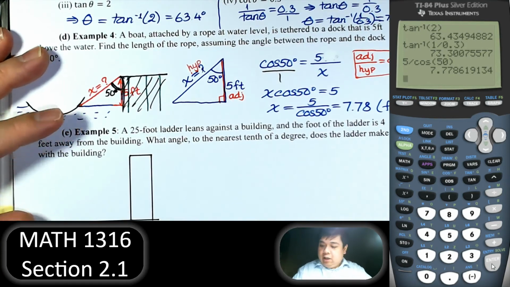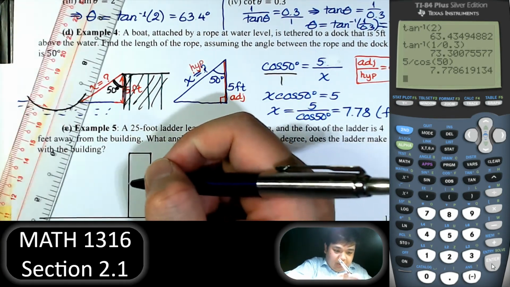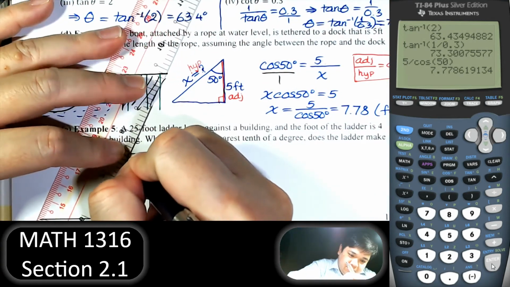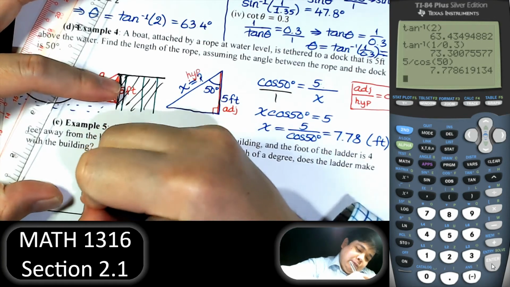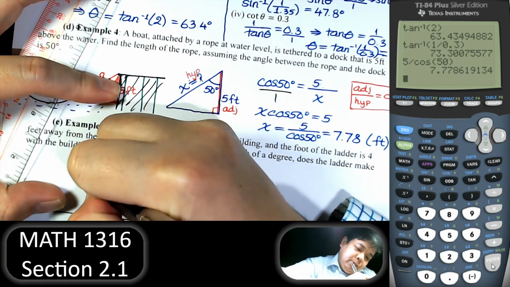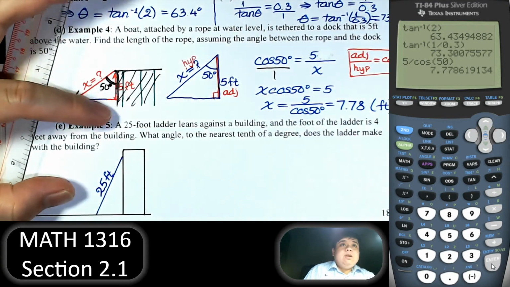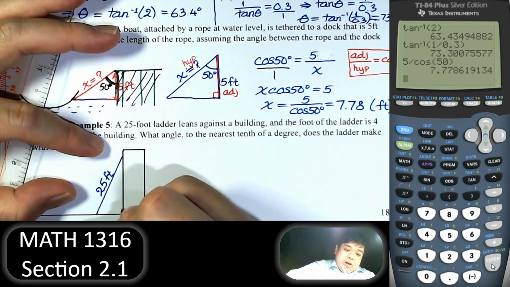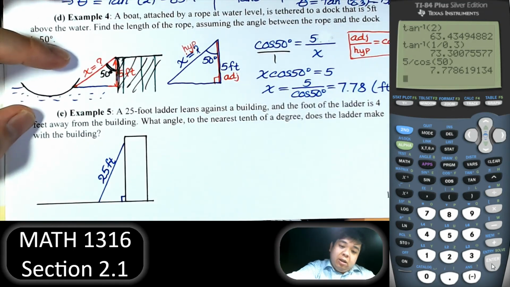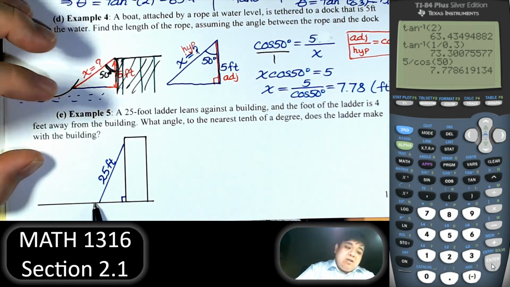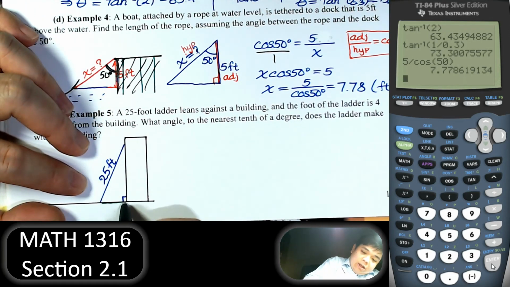That is the building. The ladder is 25 feet. The building, of course, we assume that's going to be a 90-degree angle here. And the foot of the ladder is 4 feet away from the building. So this distance here is 4 feet.